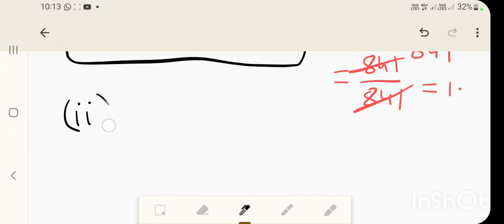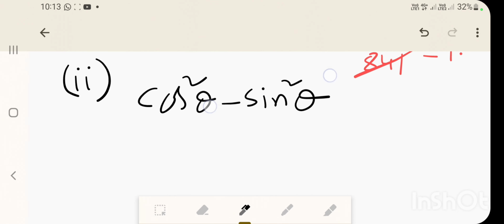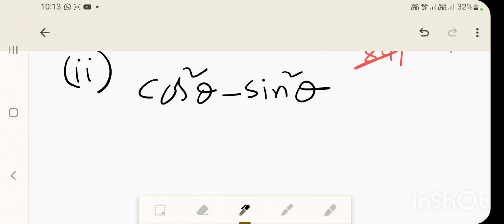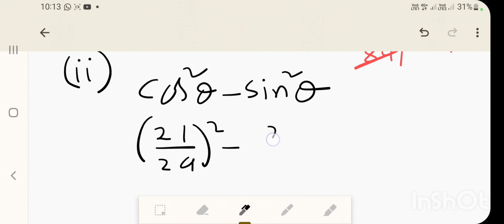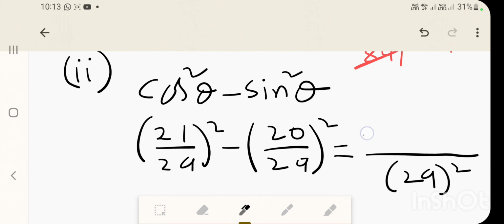The second question asked in the problem is to find cos square theta minus sin square theta. We know the ratios already, you just need to substitute and simplify. Cos theta we have already, 21 by 29 square, minus sin theta is 20 by 29 square. As usual, what is the LCM? 29 square, and here we get 21 square minus 20 square.